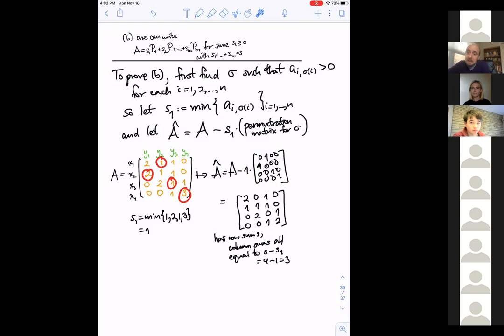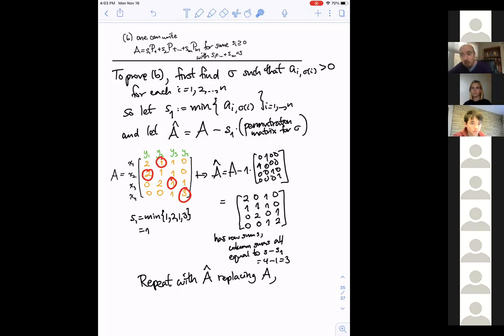And now you repeat step A or step B, whichever way you want to think about it. Repeat it with A hat, replacing A. And we get to use induction on the number of zeros, or maybe I should say the number of non-zero entries.